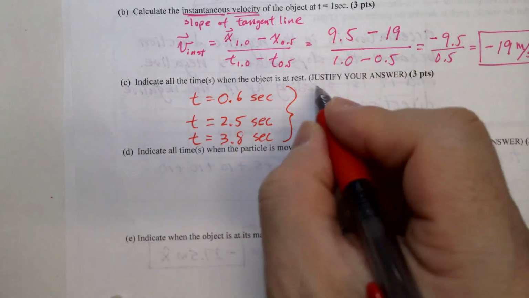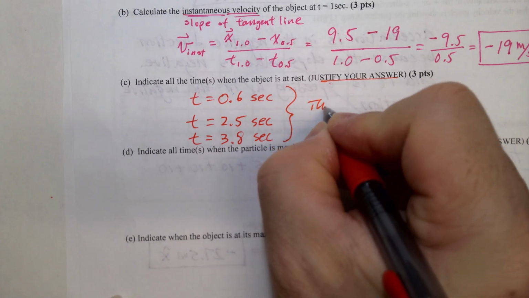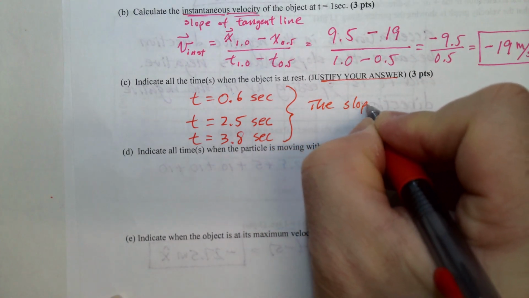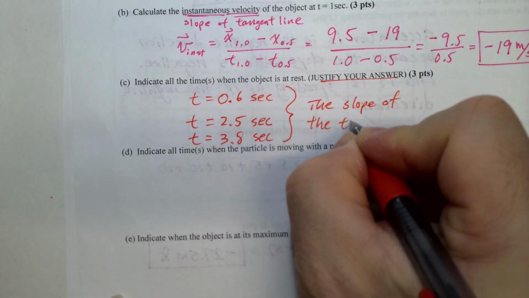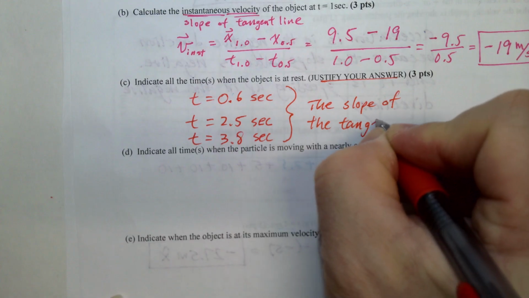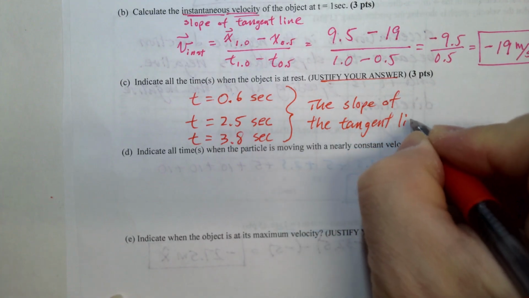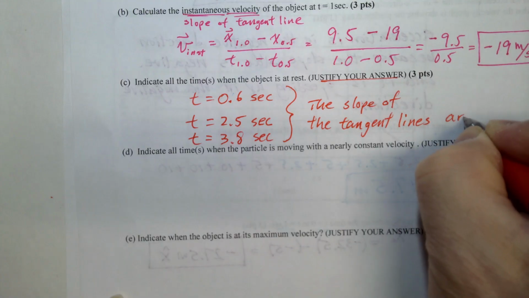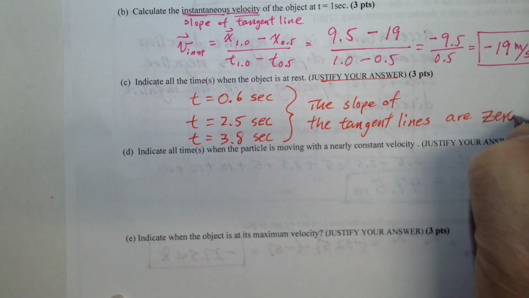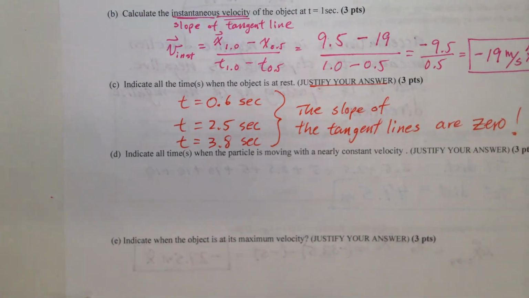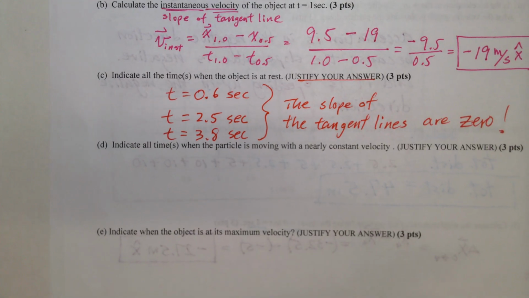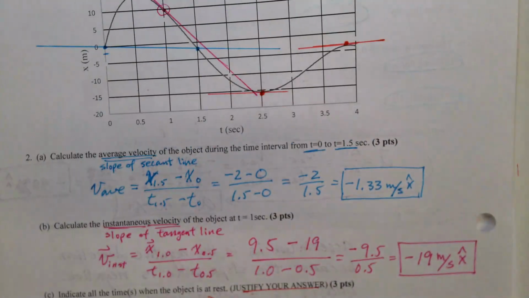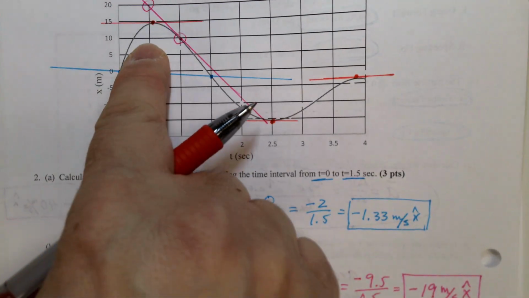So you could say to justify your answer, the slope of the tangent lines are 0, right, is good enough justification for me. And I even drew it in right there, so okay.